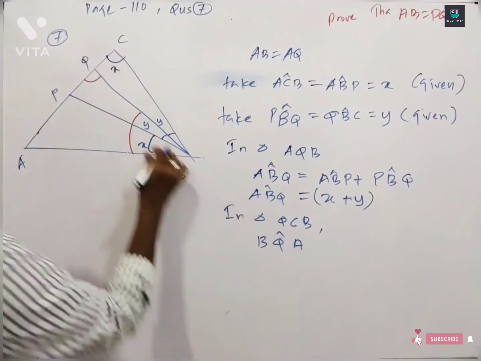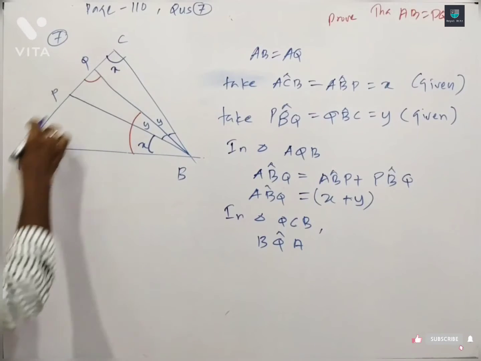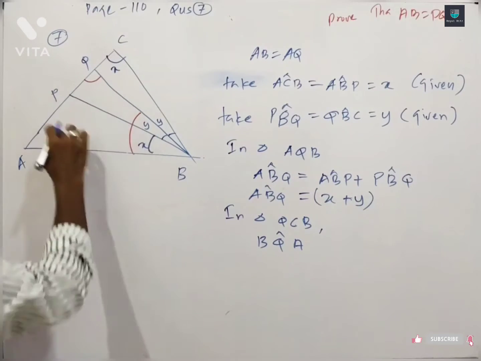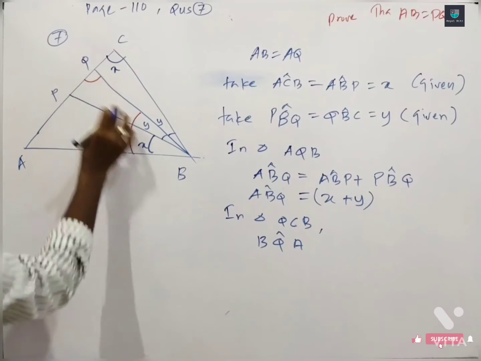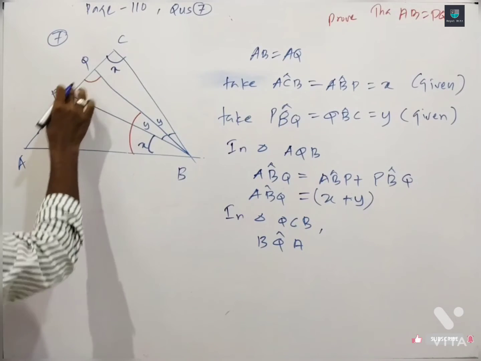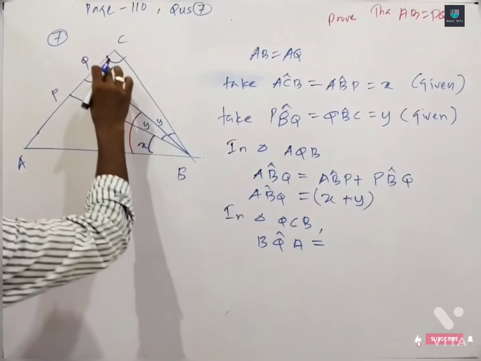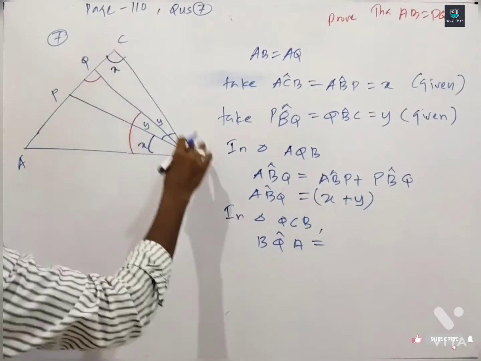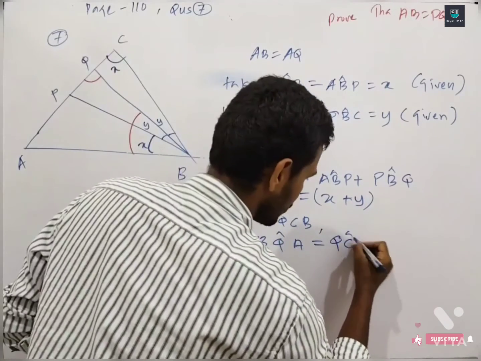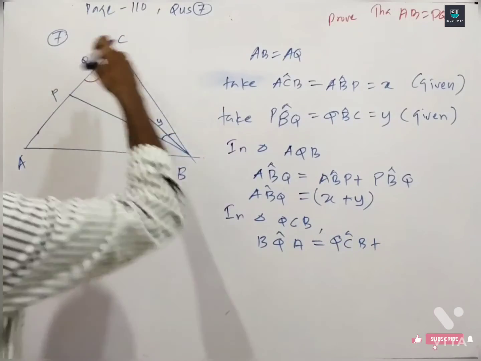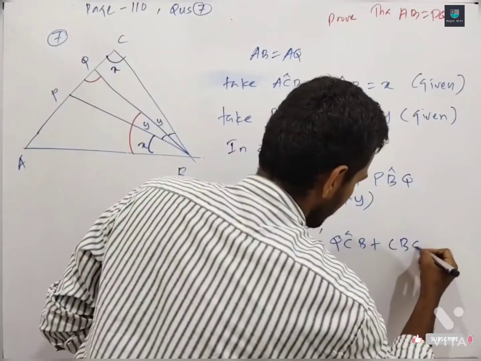We will completely write down because we are trying to prove this angle in this triangle. So don't write BQP. Okay, BQA is equal to QCB plus CBQ. Very good. What is the reason?